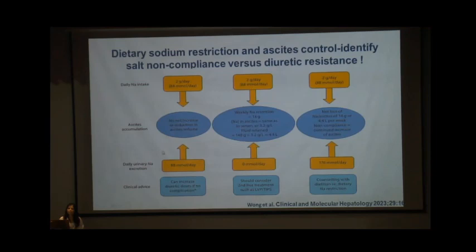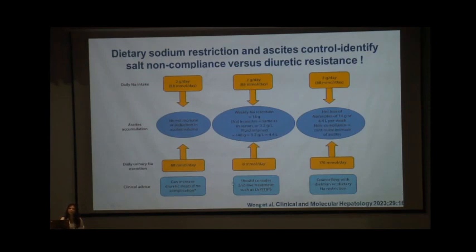If the patient is accumulating but the sodium excretion is 88 and the patient says he is compliant, it is important that we increase the diuretic dose, so you can optimize the dose of diuretics. However, in the other setting, where the urinary sodium excretion is low, we should defer using diuretics, because there is diuretic resistance in this set of patients.